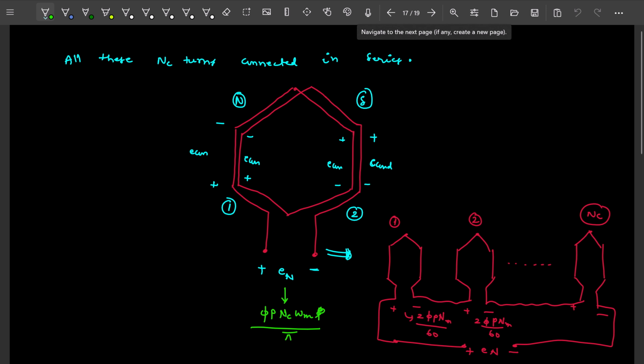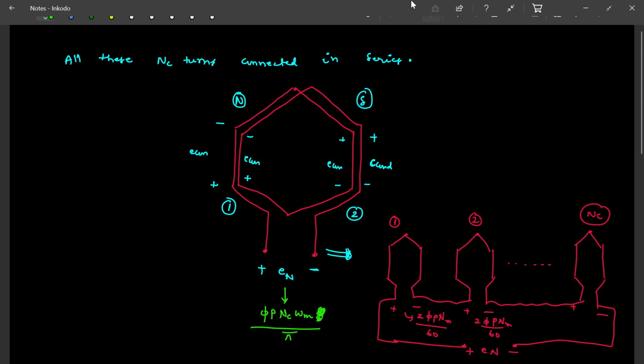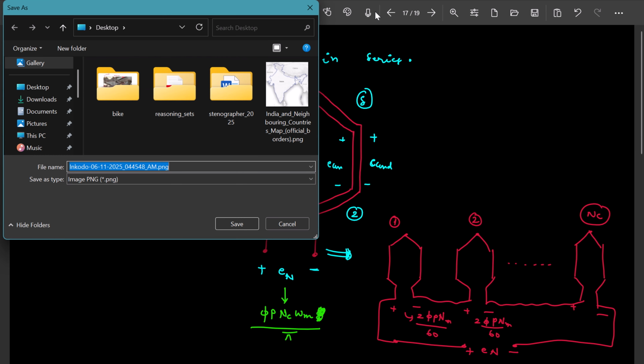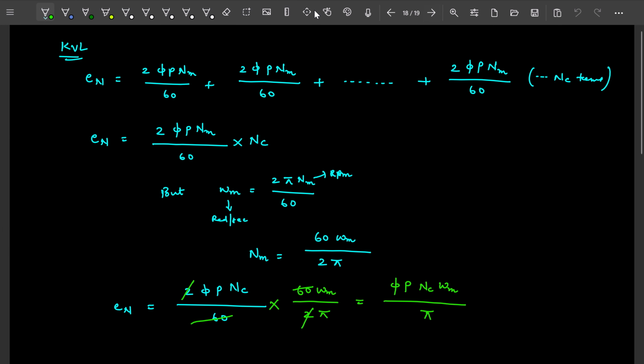Oh, I have written another P here, which is not required; already P is there. That is the thing. Only four terms: 5 P NC omega m by pi. This is correct. The same equation we have got. Okay, thank you.